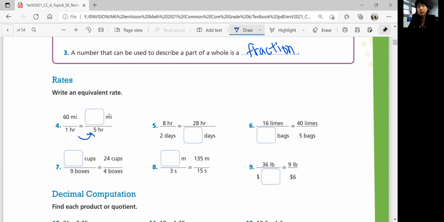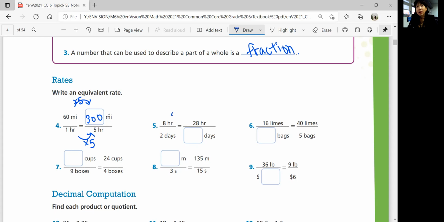So in order for 1 to become 5, we multiply by 5. We're going to do the same thing because multiplying by the same number doesn't change the rate and they're going to be equivalent ratios. So 60 times 5 is 300 miles, okay?